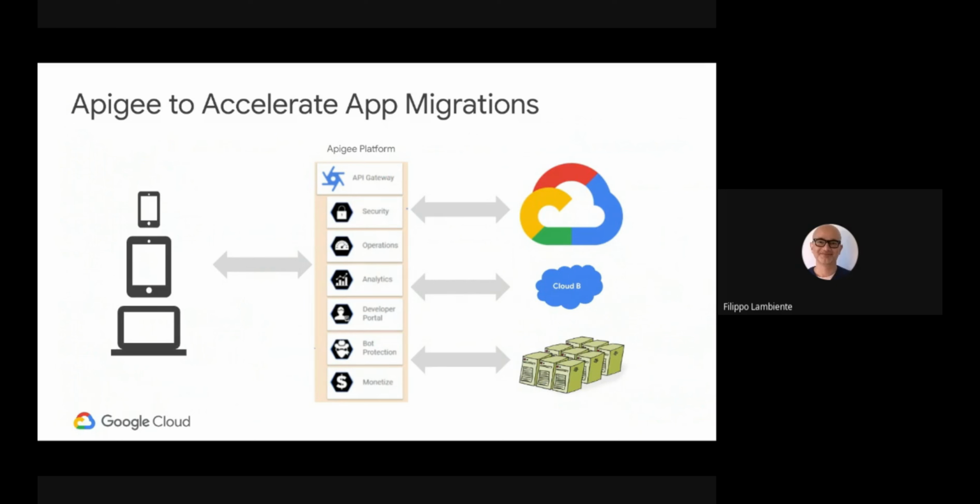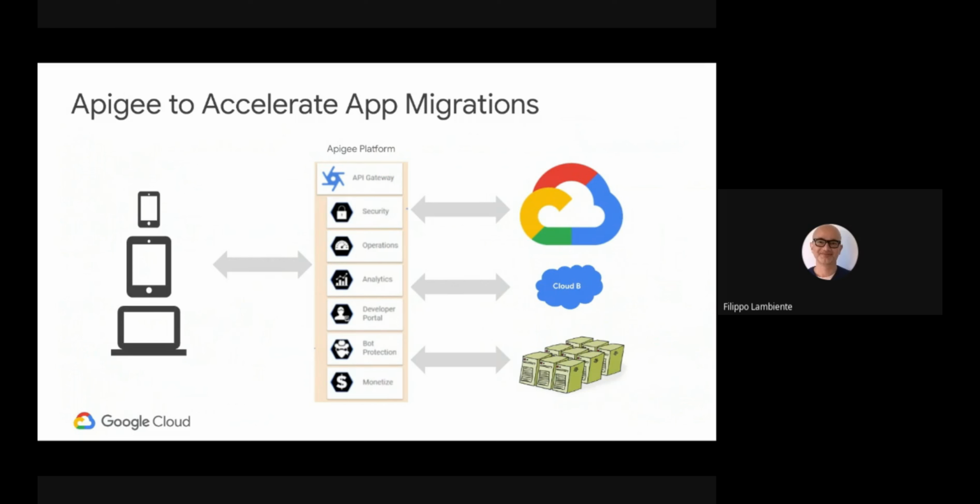And maybe once they start to migrate the assets into the cloud, Apigee can split the traffic, dismiss the call to the on-prem and just route the call forward to the cloud services. So in this way, Apigee is used as a way to accelerate this migration.